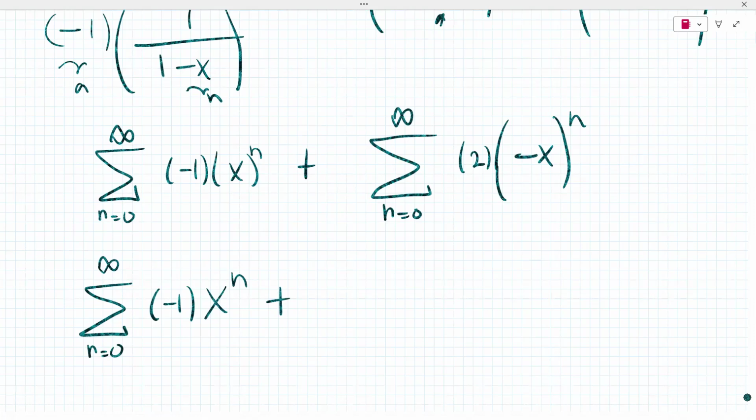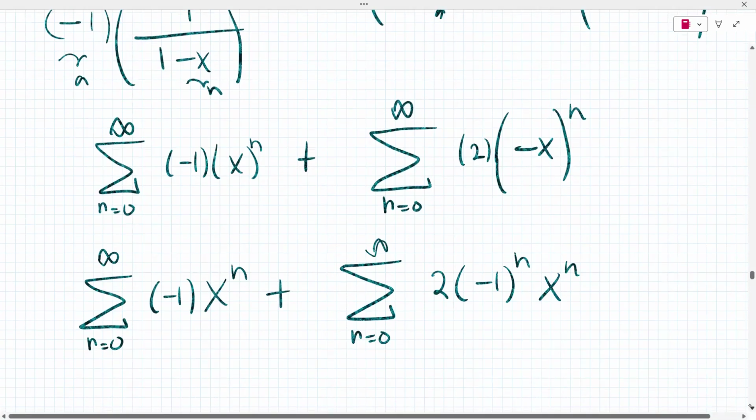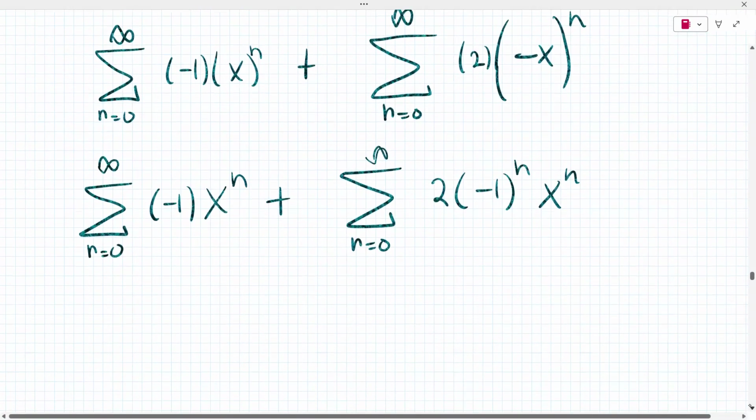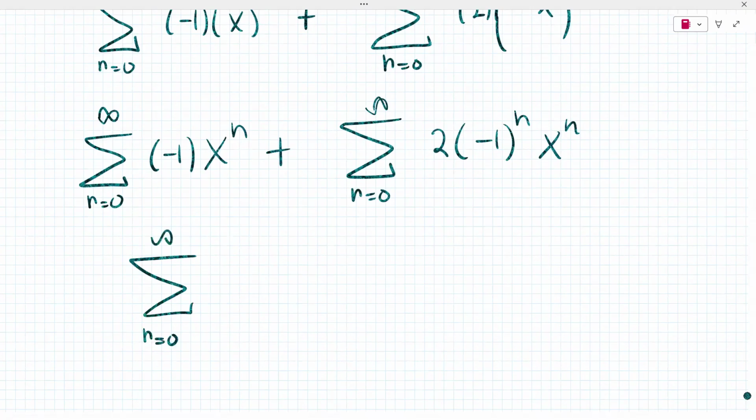Let's just make it into one single summation. Or actually, no. And then this right here could be expressed as the summation of n equals 0 to infinity of 2 times negative 1 raised to the n times x to the n. Now we can simplify it into one single summation. So it's going to be the summation of n equals 0 to infinity of negative 1 times x to the n plus 2 times negative 1 raised to the n times x to the n.